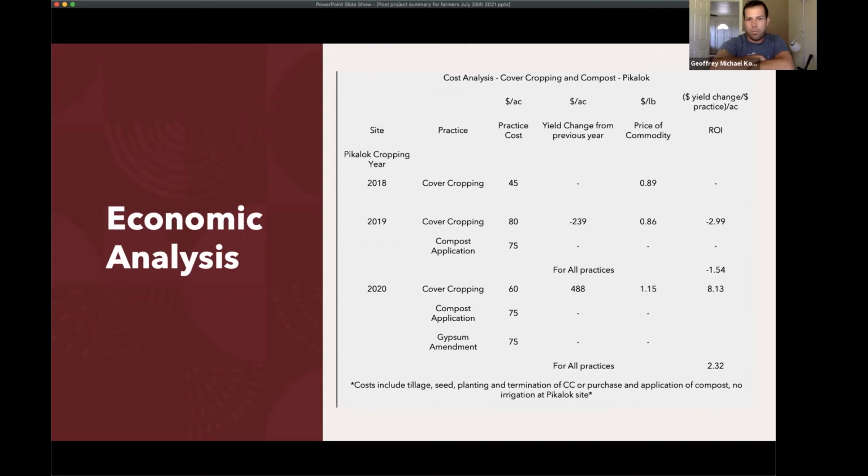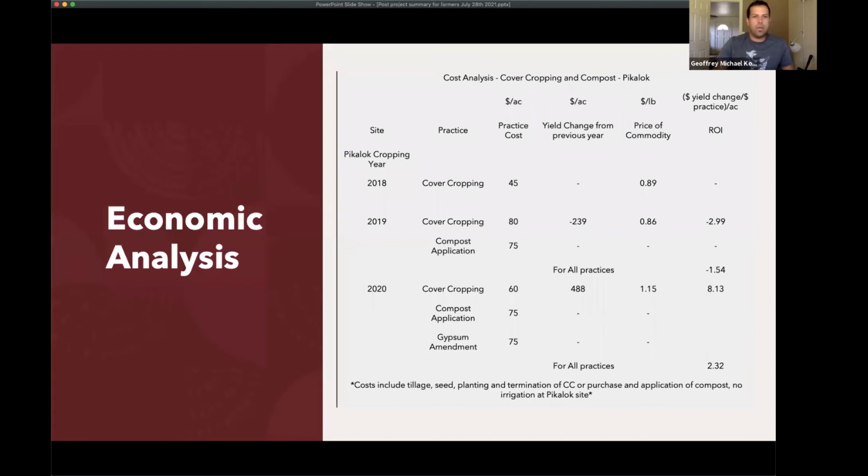That's the takeaway from this table: if you're not making enough on the cotton, you can't justify the practice costs. That's the big challenge that kept coming back: how do we get enough for the cotton crop so we can do these things that I think everyone wants to do? There was a return on the investment, quote unquote, in the last year purely because cotton prices came up.